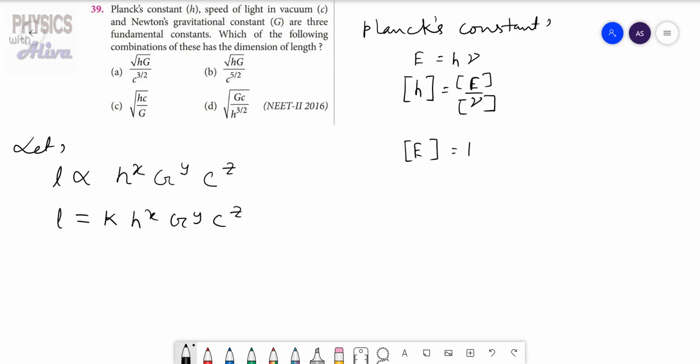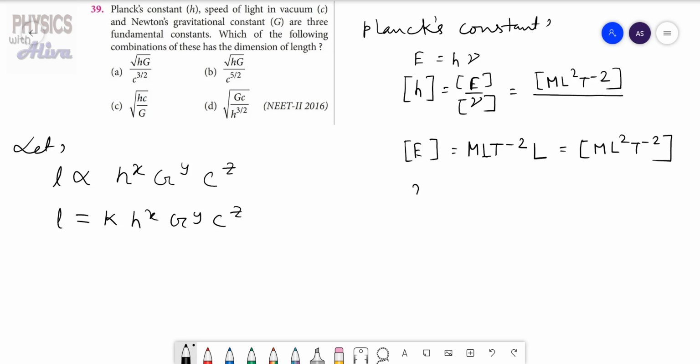So the dimension of force is M L T to the power minus 2, and displacement is another L. So the dimension of energy is M L squared T to the power minus 2.